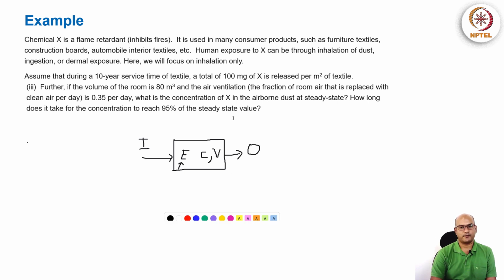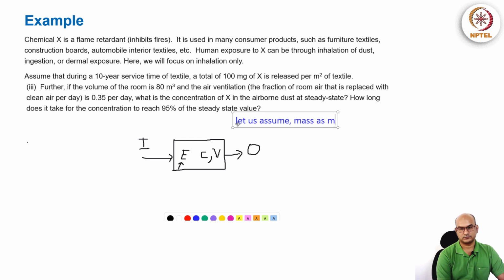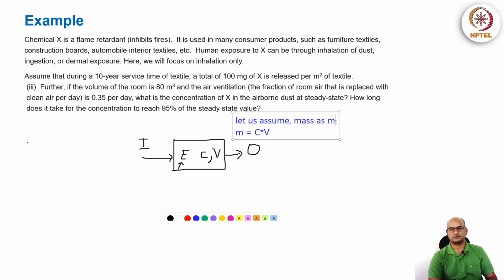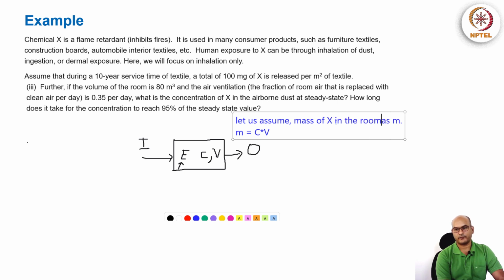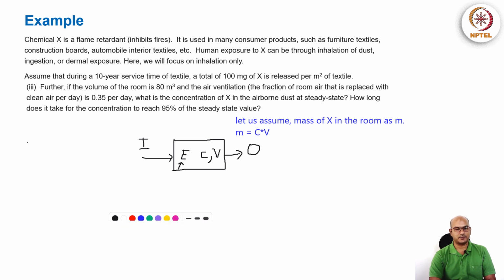Now let us assume the mass is m. So m is equal to C multiplied by V. Let us assume the mass of X in the room as m, so m equals CV, with inflow and outflow. So again, what is our mass balance equation?